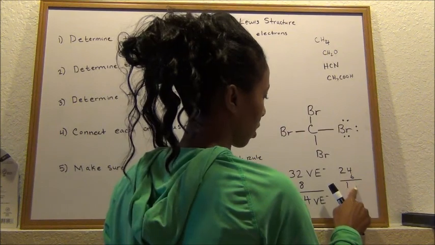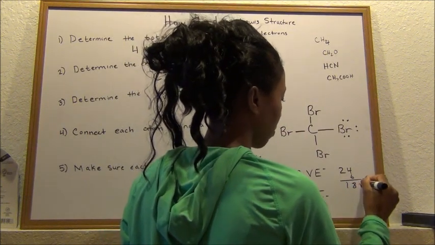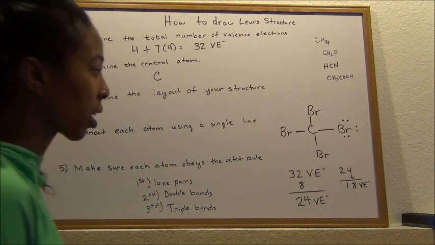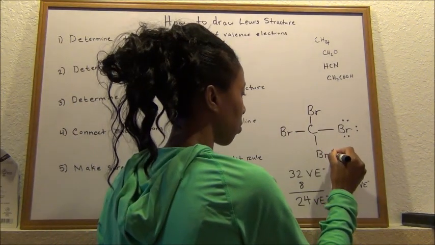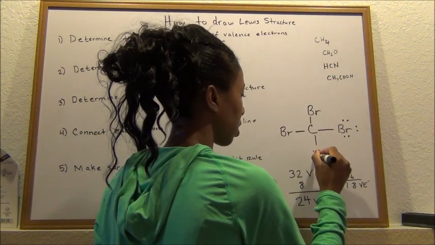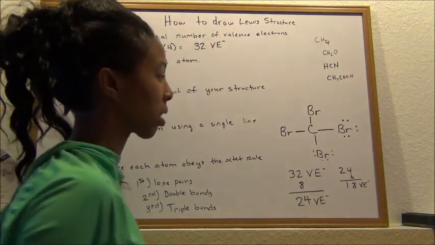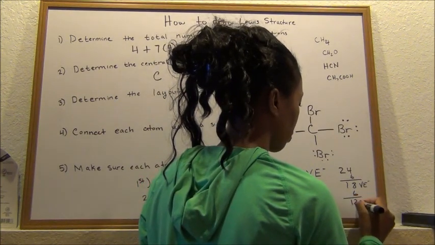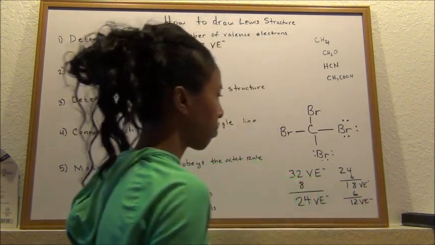So now I am left over with, sorry, bad math, 18 valence electrons. So I can go in, I have 2, 4, 6, 8. So I've used up 6 more. I'm going to subtract the 6 from here, and that leaves me with 12 valence electrons.